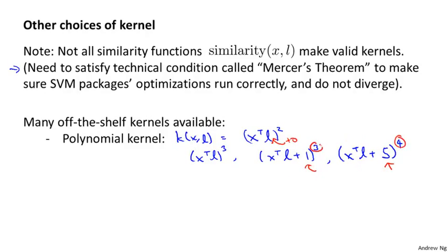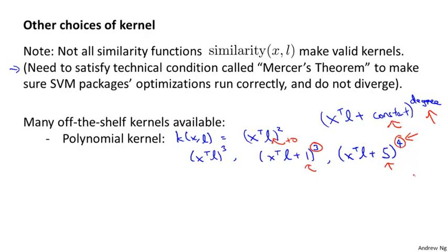As well as what's the degree of the polynomial, so the degree, the power, and this number. So the more general form of the polynomial kernel is x transpose l plus some constant, and then to some degree in the exponent. And so both of these are parameters for the polynomial kernel.